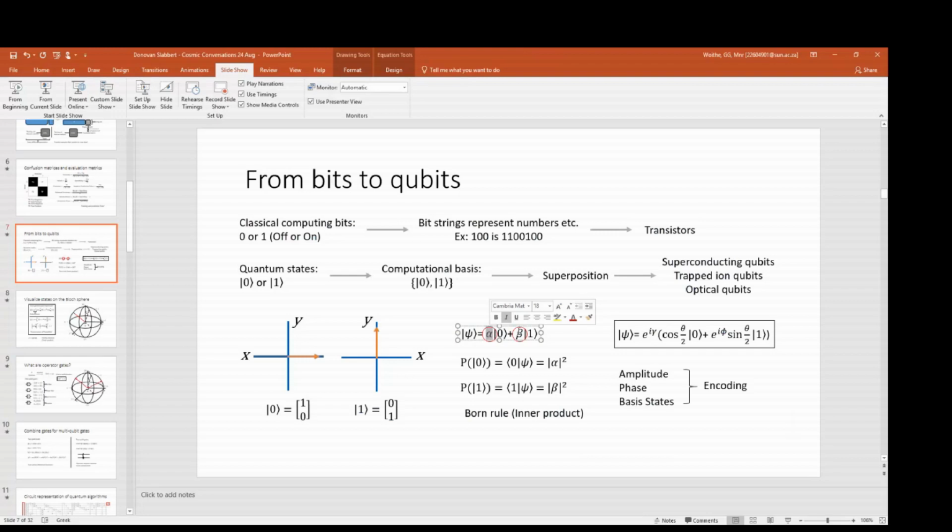Obviously, we'd want these to be values between 0 and 1, so that together they conserve unitarity. And also with the basis state, we can actually use the basis state itself to represent something. A good example of this is in quantum optics, or quantum information processing using optics, where you can use something called OAM state, orbital angular momentum. These actually represent a specific bit of information, and the probability of measuring it then also relates to that. Does that make sense?